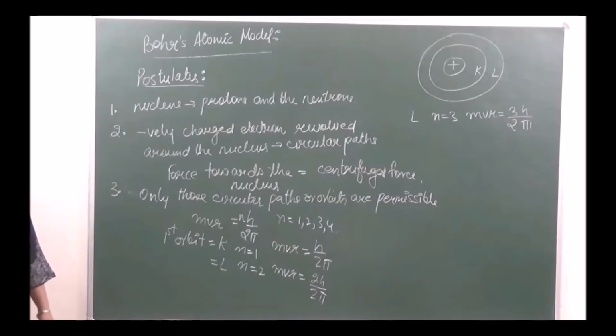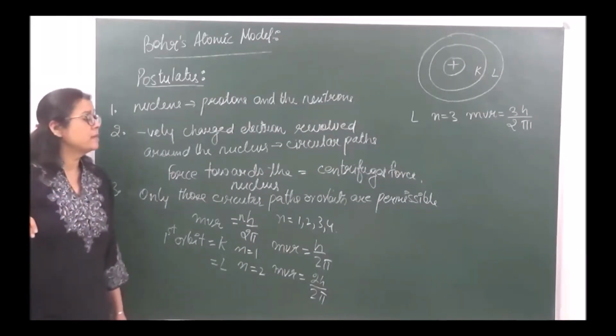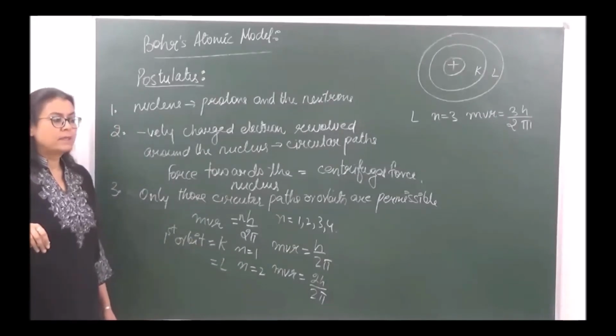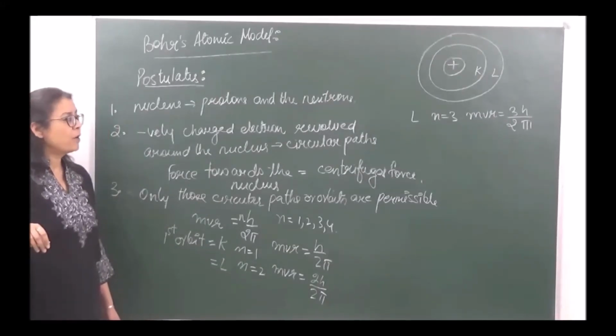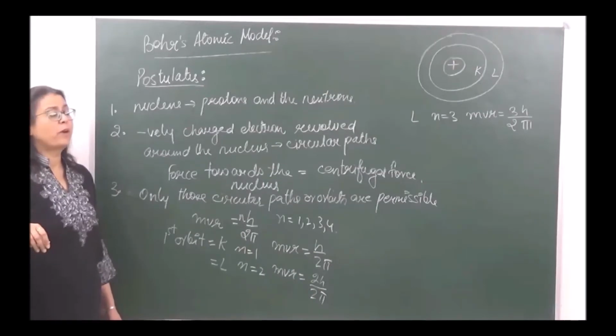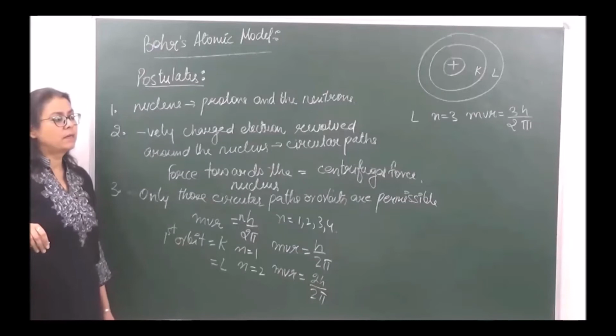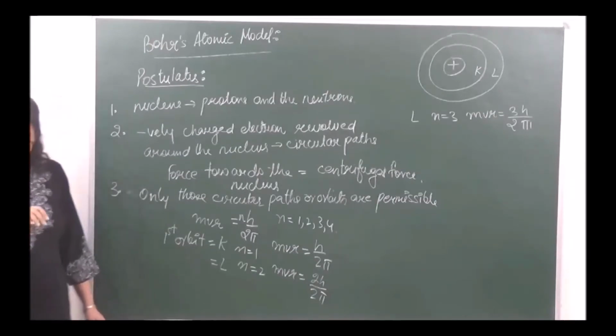Okay, so this is how he said that only those orbits are permissible which have a value of angular momentum as an integral multiple of h upon 2 pi. It cannot be 1.5 h upon 2 pi or 2.5 h upon 2 pi. It has to be an integral multiple. So this was the third one.